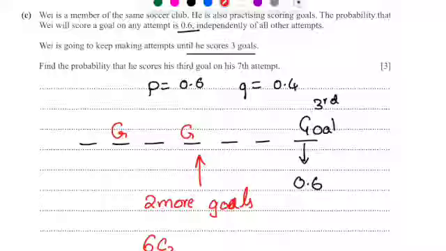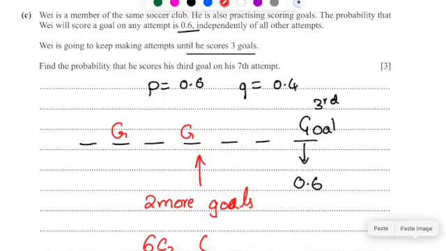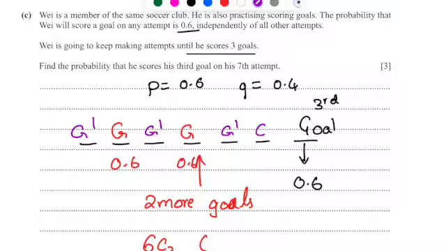So for this one it is going to be 0.6 and 0.6. Then the remaining 4 places have no goal, no goal, no goal, and no goal. So how many times is that? 4 times. So 0.4.